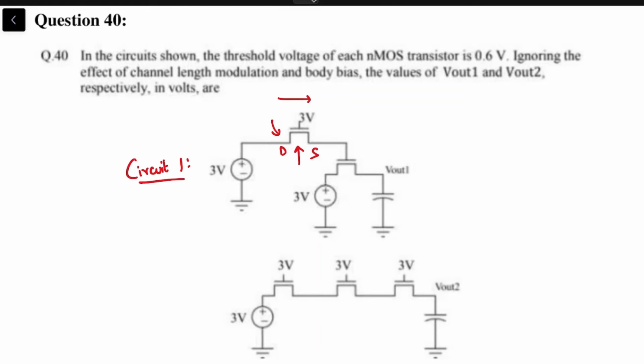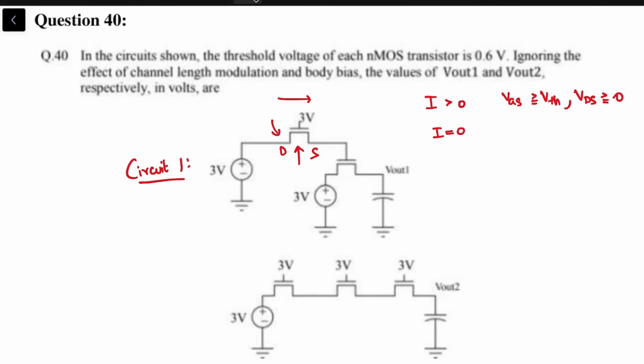Now what is to be noted is that in an NMOS transistor, the current is greater than or equal to 0 if and only if the VGS is greater than or equal to VTH and the VDS is greater than or equal to 0, right? For anything else, you will have that the current is exactly 0.